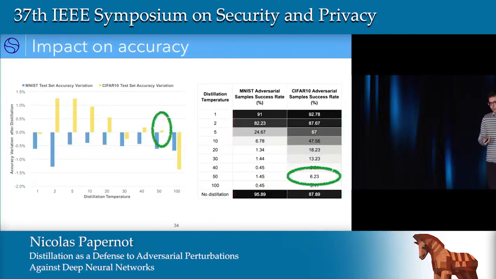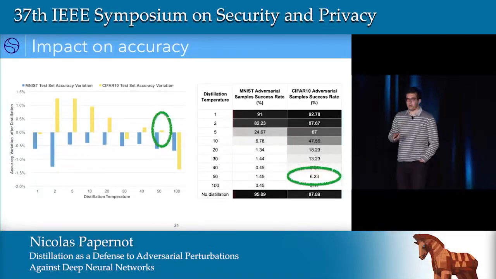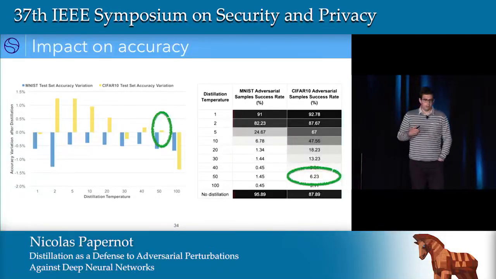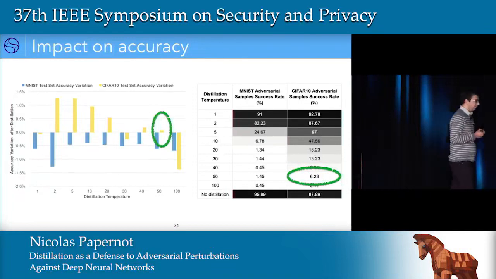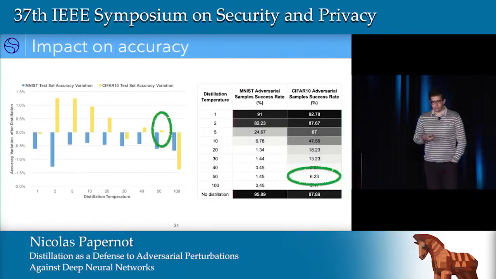You can set the attack success rate to 6% using a little improvement in the accuracy. So this clearly shows that there's a more general question here, whether you'd like to identify the relationship between accuracy and robustness. And this is an open problem that we are still looking into.